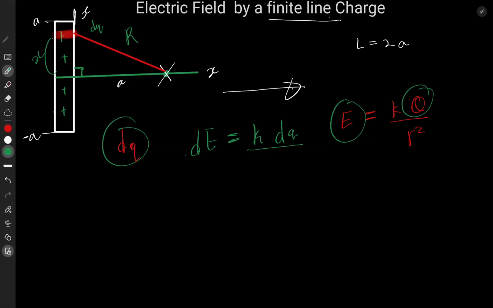So r is equal to the square root of x squared plus a squared, just because of the Pythagorean theorem. Then I will substitute this r into my traditional formula. Because there is a square here and a square root here, they cancel each other, and I'll have x squared plus a squared.